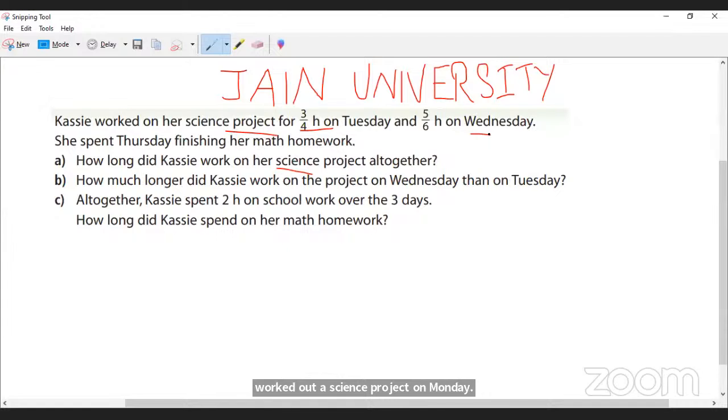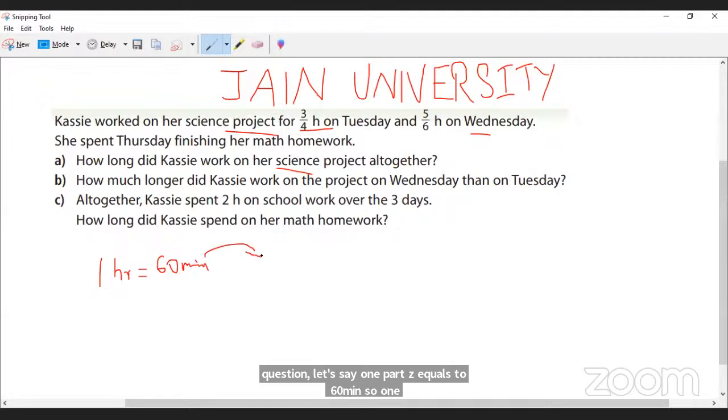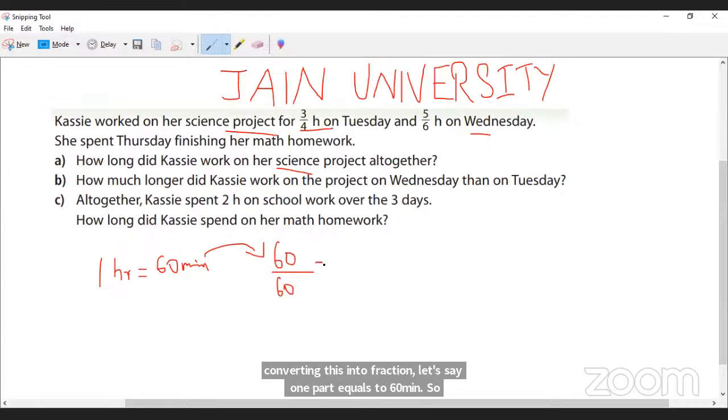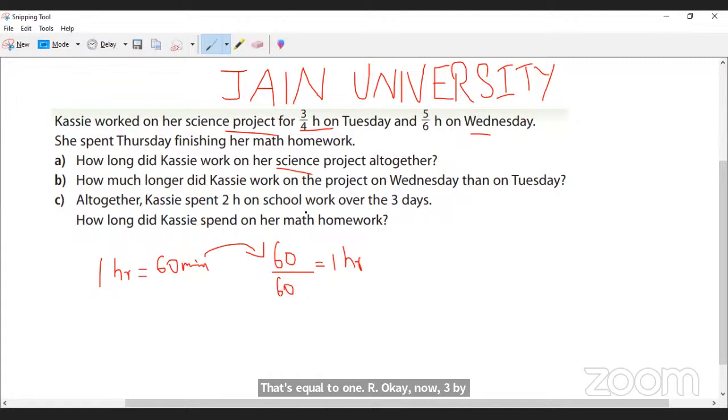So before getting into the question, let's say 1 hour is equal to 60 minutes. So converting this into fraction, that's going to be 60 by 60, which equals 1 hour. Now 3 by 4 means 75%, or I can call 3 by 4 hours as 45 minutes.